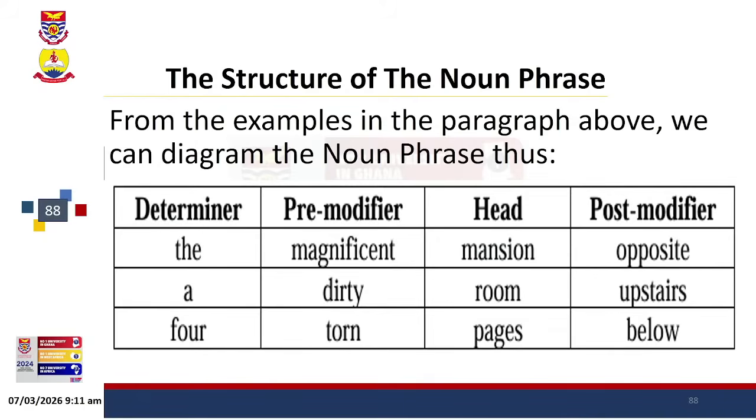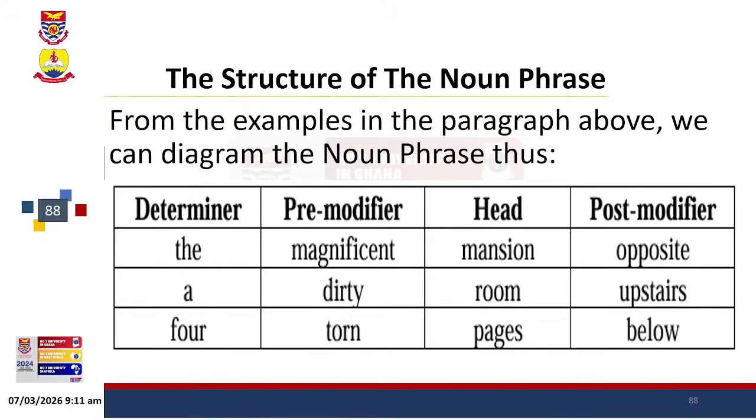Room, a dirty room upstairs. Send him to a dirty room upstairs, not any neat one downstairs. We are being specific. Okay, so room is being modified by upstairs and dirty. Upstairs is a post-modifier, dirty is a pre-modifier.